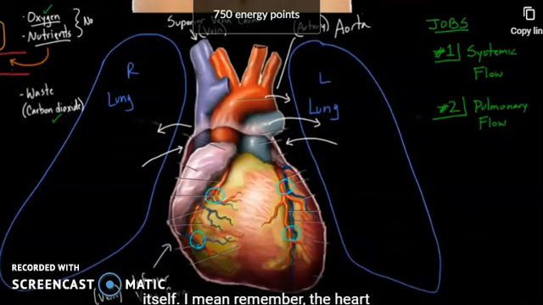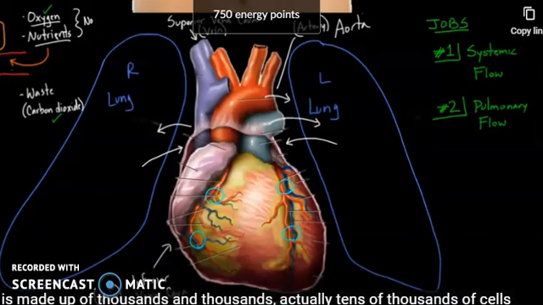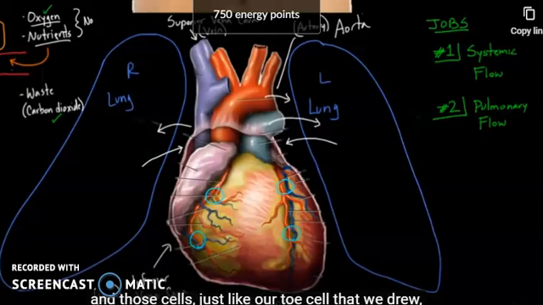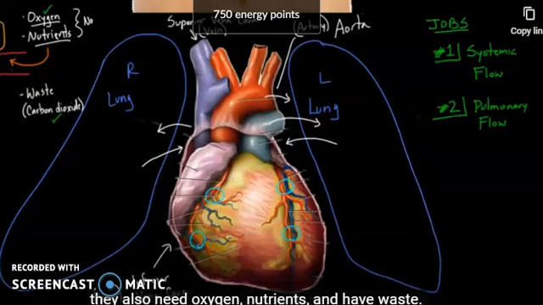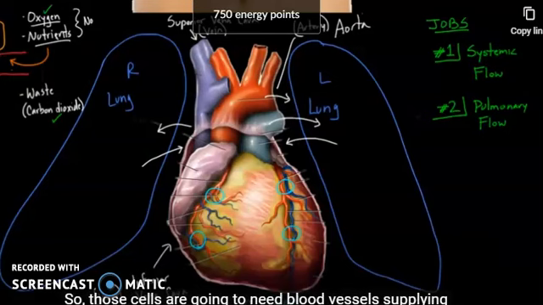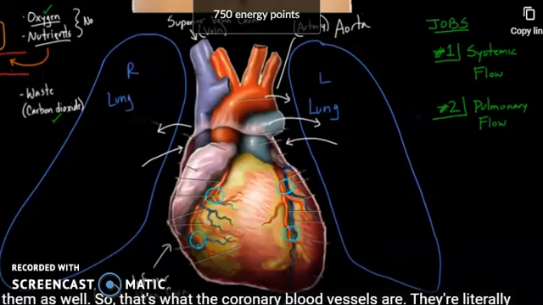These muscles serve the heart itself. So many cells are involved in this, just like our toe cells that we drew earlier. They need oxygen, nutrients and have waste. So those cells are going to need blood vessel supply too.